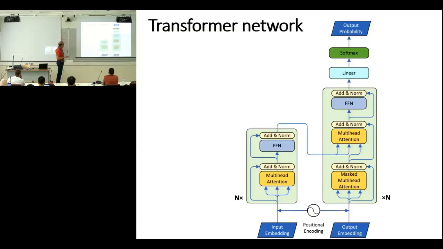We have the input embedding, we have here the encoder that conditions the decoder, both of them are autoregressive with self-attention. We have here the output embedding, and we have the output probability.